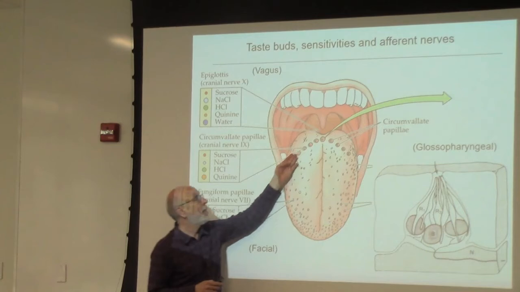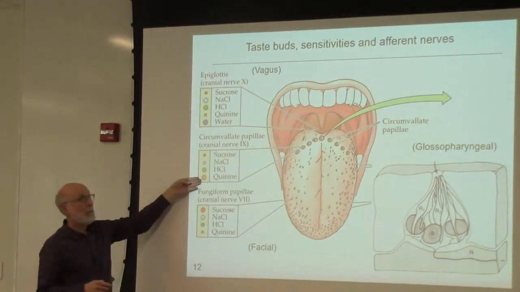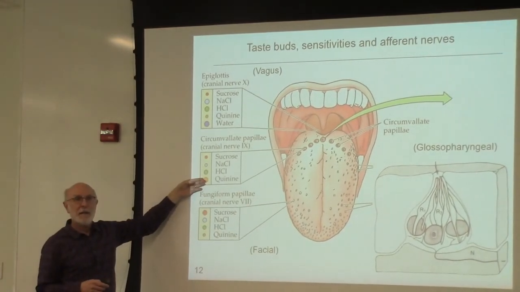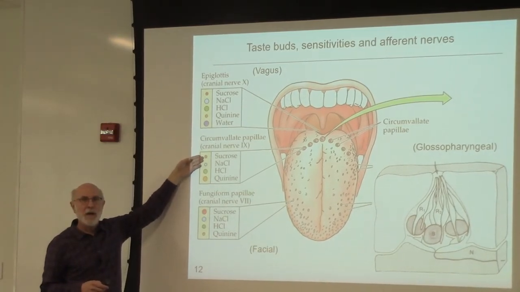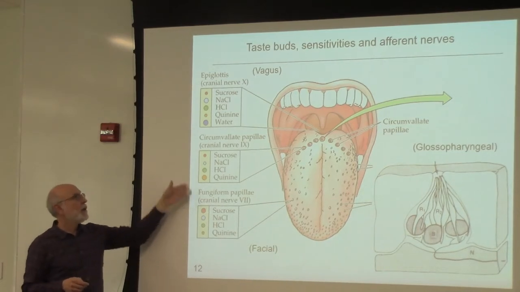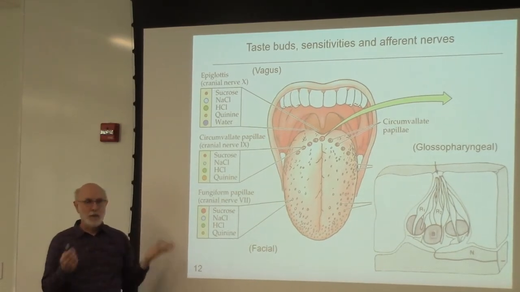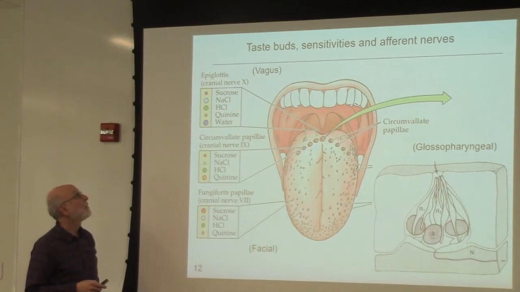The taste buds in the back of the tongue, the posterior part of the tongue, have a higher expression of bitter taste, but they also express sweet receptors, so they detect sweet as well. So the thing that you've heard, sweet in the front, bitter in the back, is a gross exaggeration. It's not completely wrong, it's just an exaggeration.